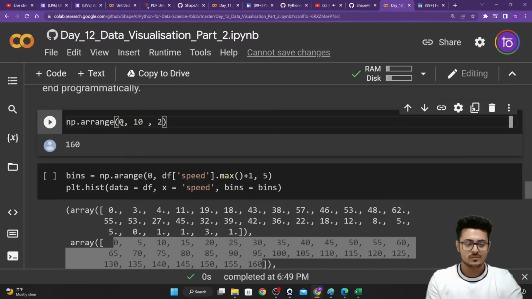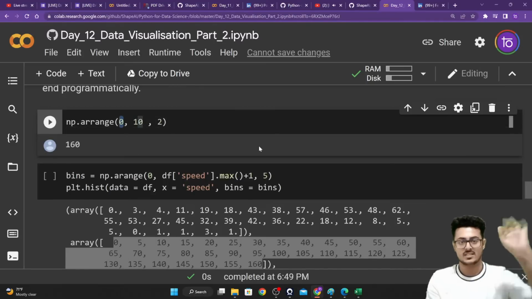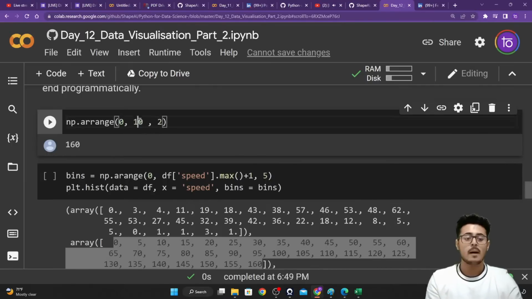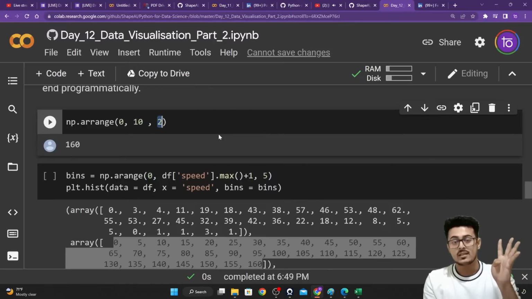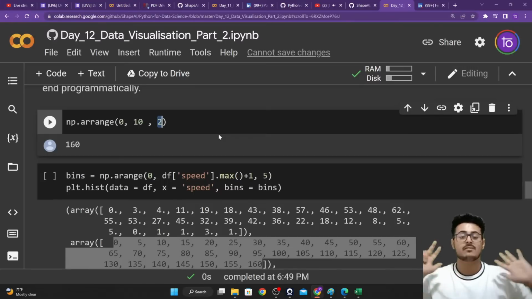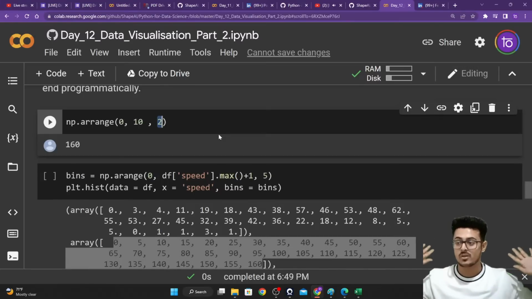The starting point is 0. We are going to go up till 10, not including 10, and each step should be of 2 counts. So the first number is 0, then 2, then 4, then 6, then 8, and we are not going to include 10, guys.